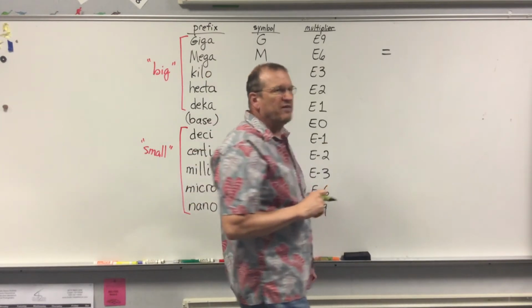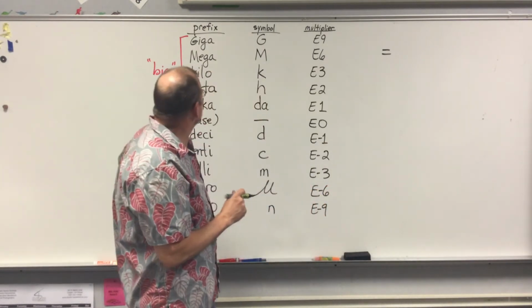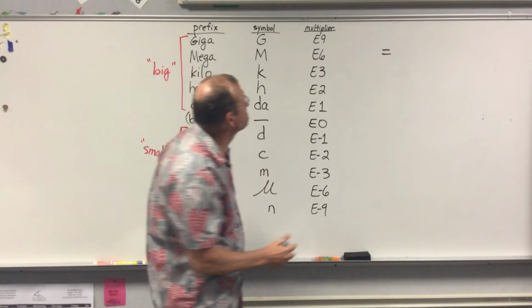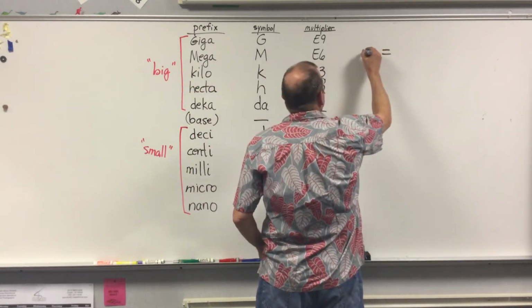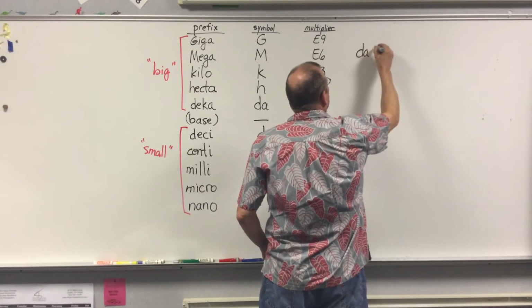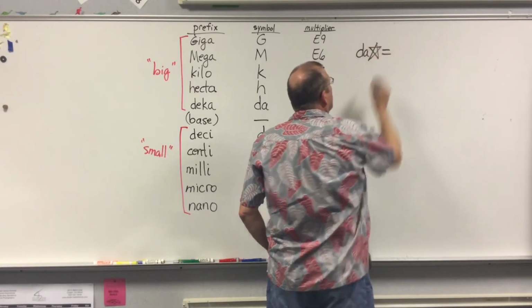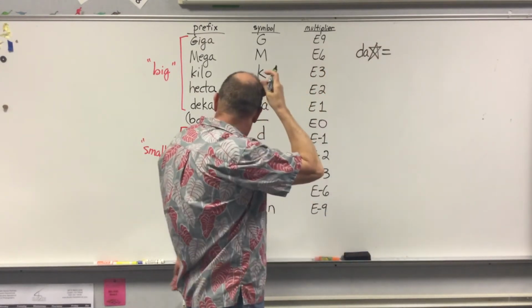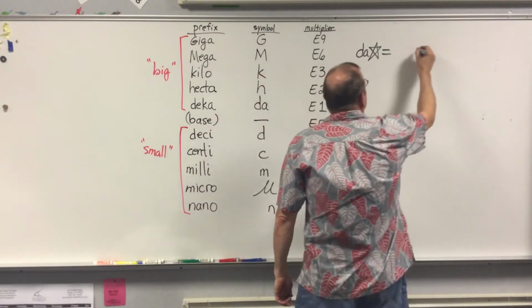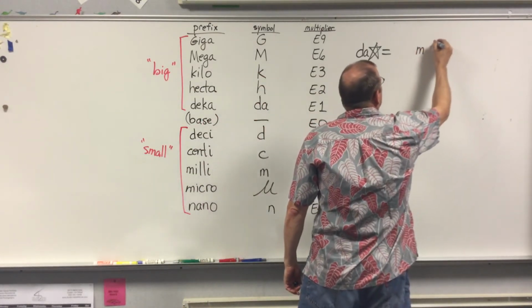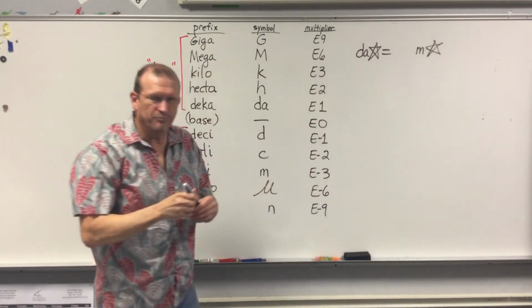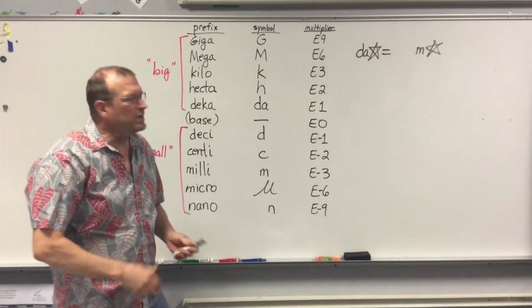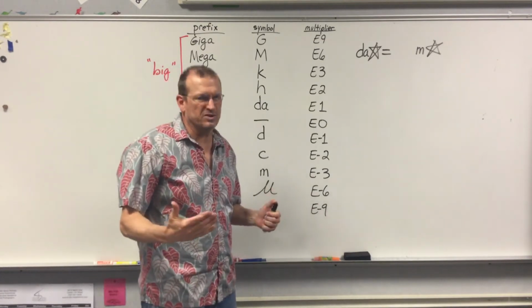Let's say that for some reason you need to be able to equate and get the relationship between a decastar and a millistar.